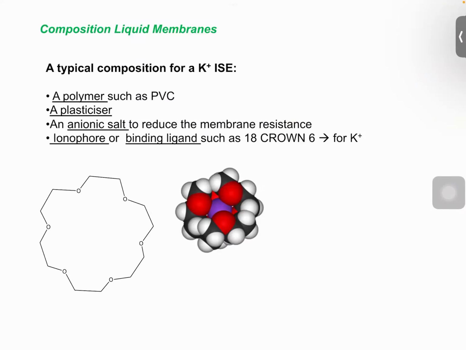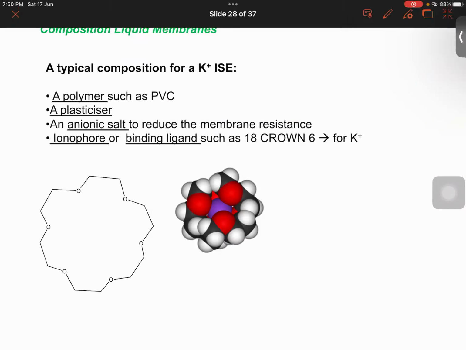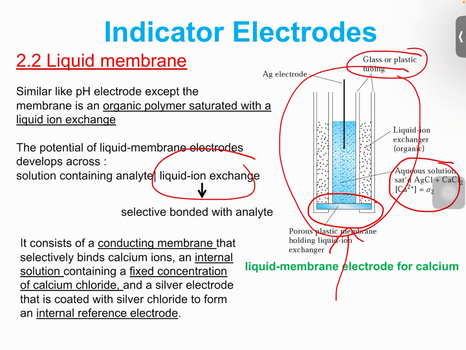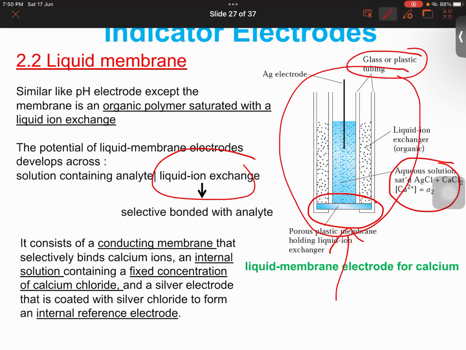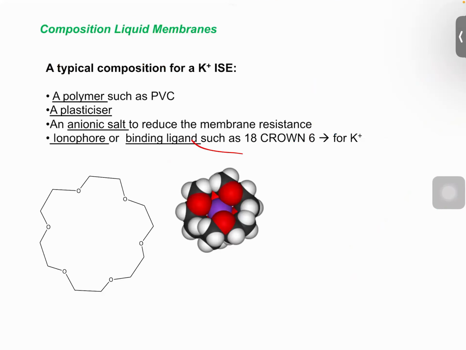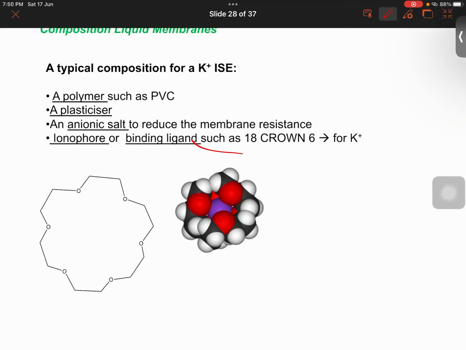So this is another example that you can use to modify the surface of the electrode. Okay, you can see that it is a membrane. The membrane can be incorporated with what we call an ionophore.